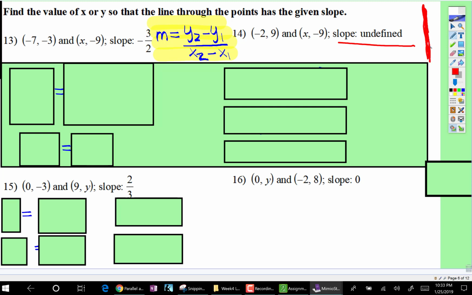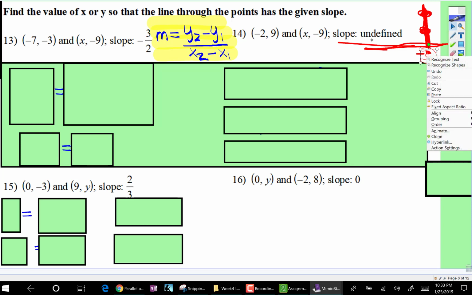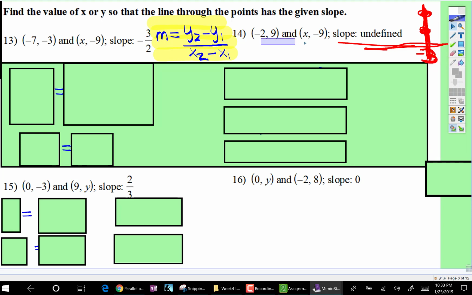The slope is so steep, it's undefined. If there's a point here and a point here, both of the x's are negative 3. So when a problem says the slope is undefined, that means the x values are the same.